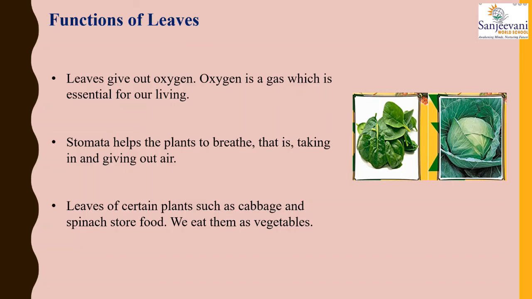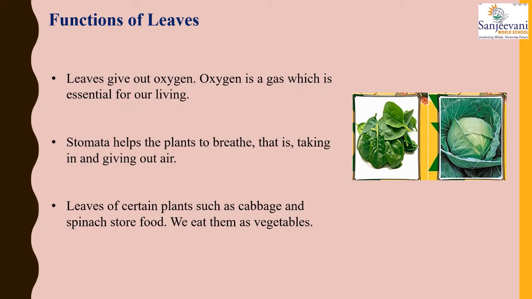So leaves take carbon dioxide and help in preparing food, right? While it gives out oxygen, and oxygen is a gas which we all know is essential for all living organisms. If we want to survive, we need oxygen gas, right? Then we also know about stomata, children.